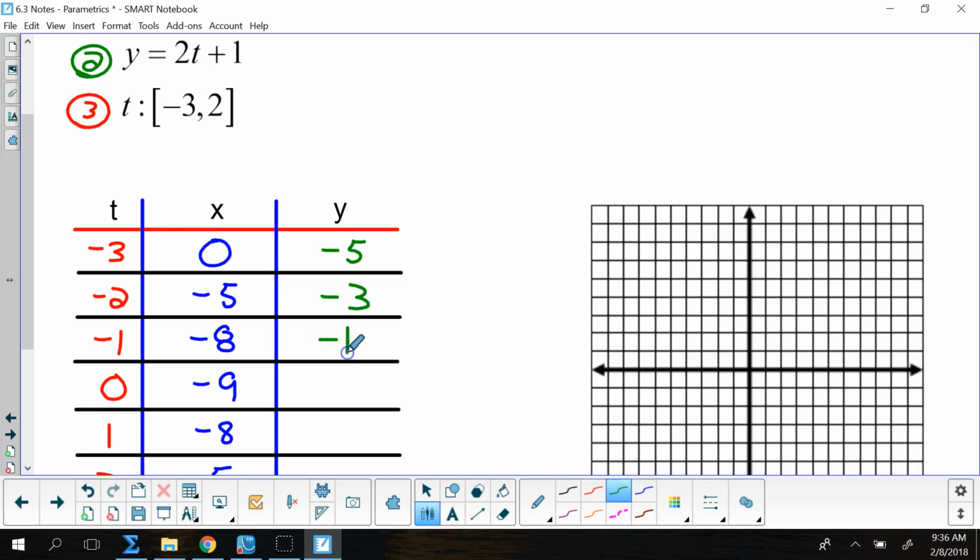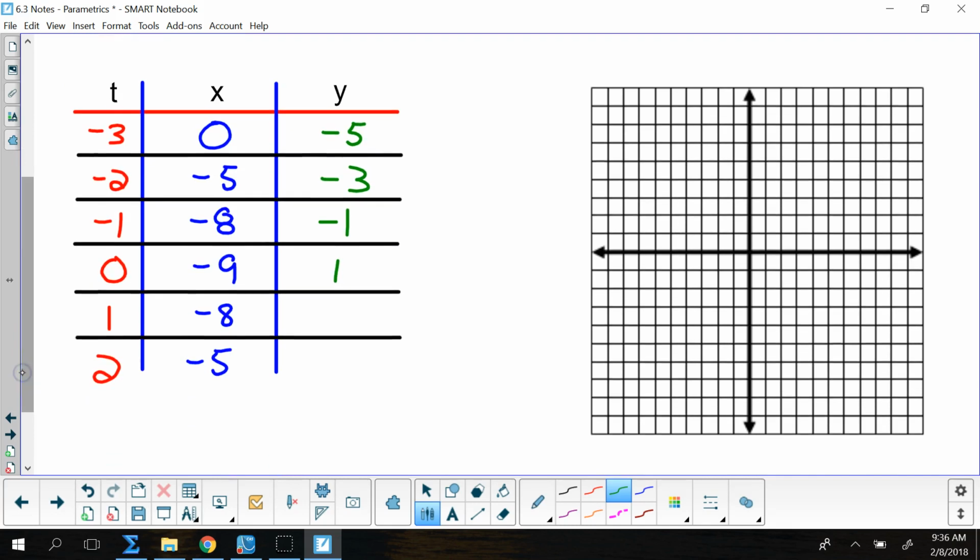Negative 1. Plug in 0. 1. Plug in 1. 3. Plug in 2. 5.